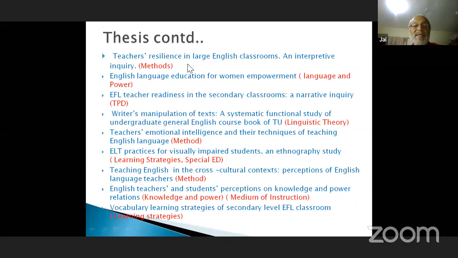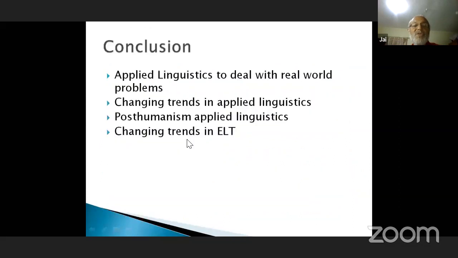And with these, the conclusion is, there has been a great deal of work in applied linguistics to handle the word problems with the language, because language creates problems. Once language is planned, there are fewer problems, and there are changing trends in applied linguistics, and posthumanism is coming.